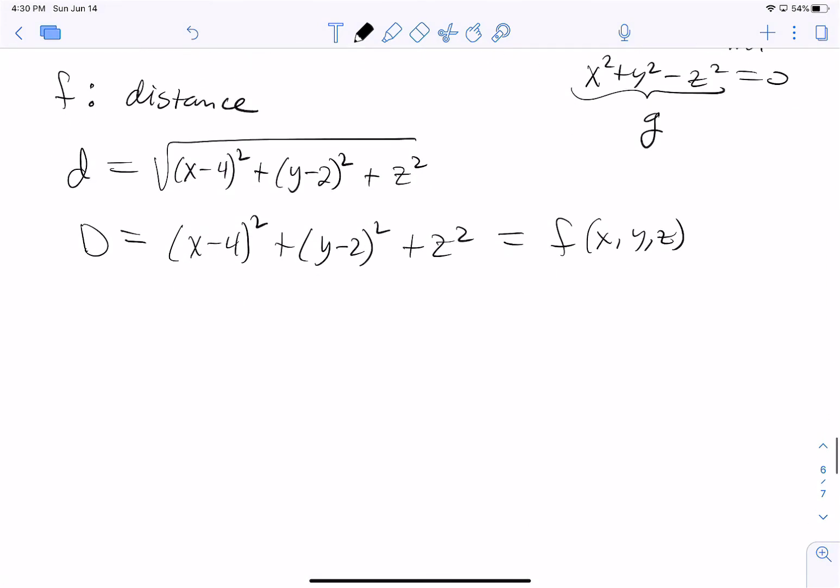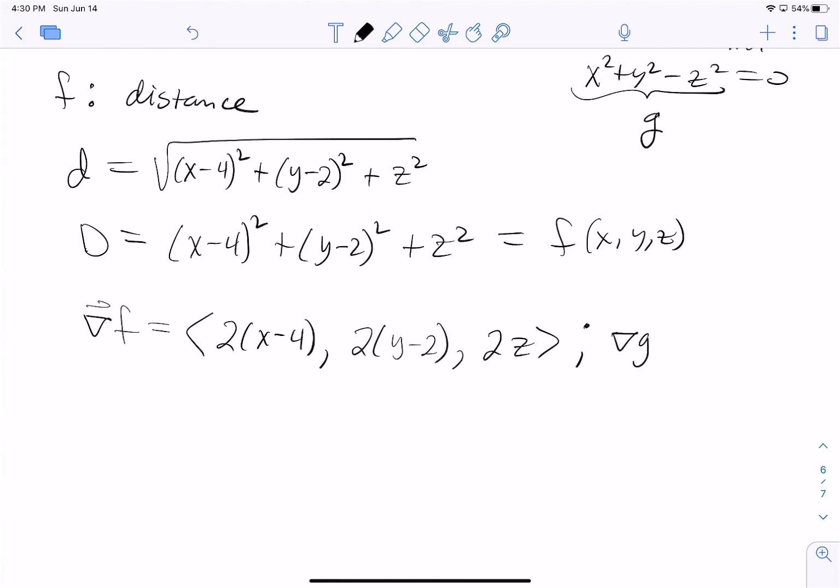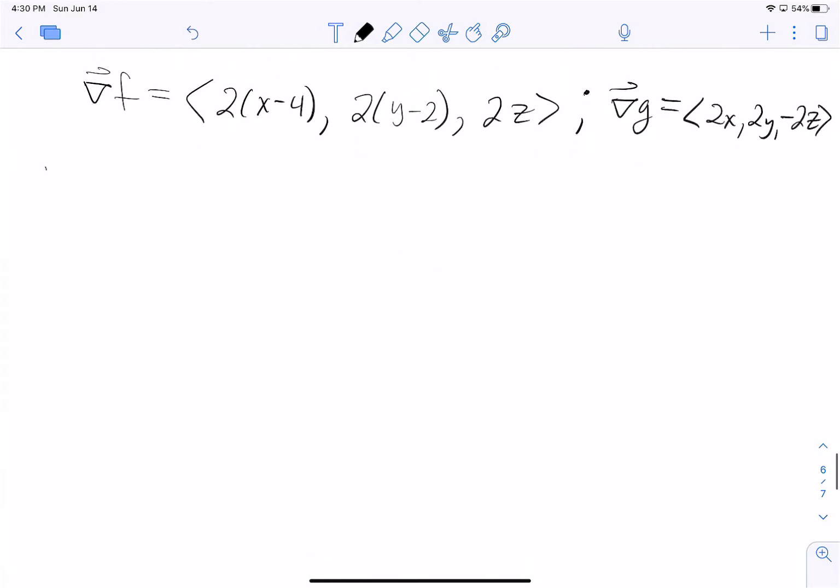From the equations we see here, del f is equal to the vector 2 times the quantity of x minus 4 using the power rule, 2 times the quantity of y minus 2, 2z. We can also see that del g is equal to 2x, 2y, negative 2z. Our equation del f equals lambda del g then gives us the system that we need.